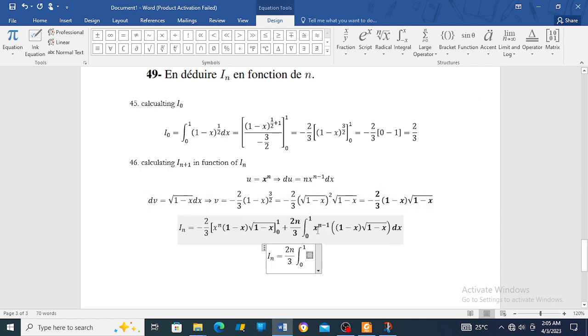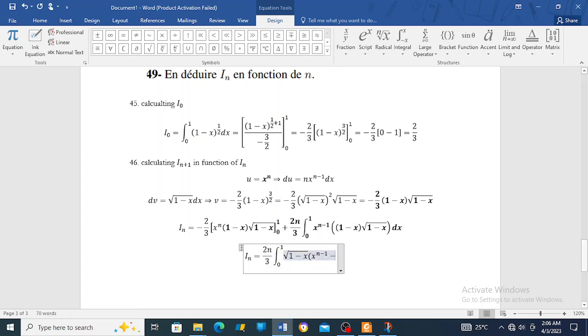Now let us multiply x to the n with each term here. This one is like a whole term, so I'm just going to call it the square root of 1 minus x. Now this square root is multiplying x to the power n minus 1, because I multiply x to the n with 1, and then I multiply x to the n minus 1 again with x.